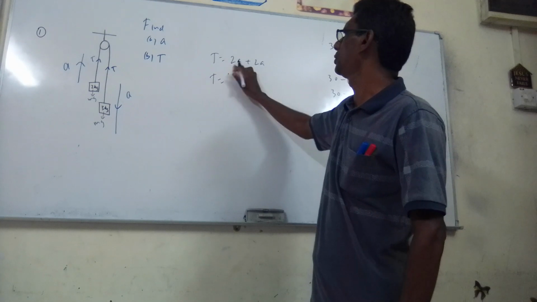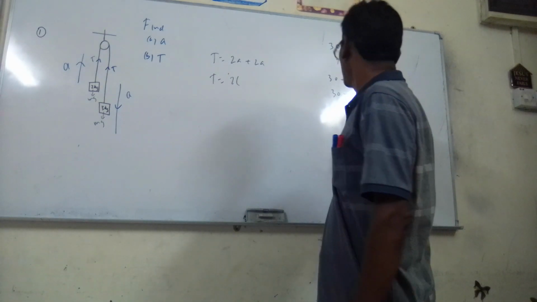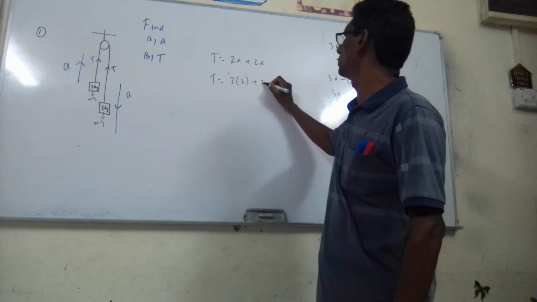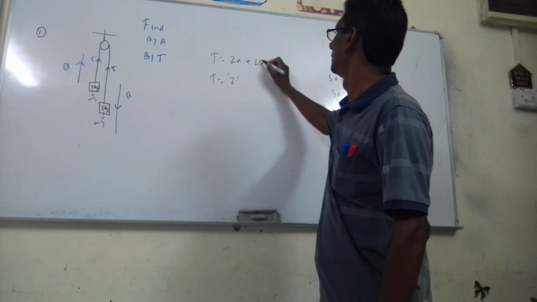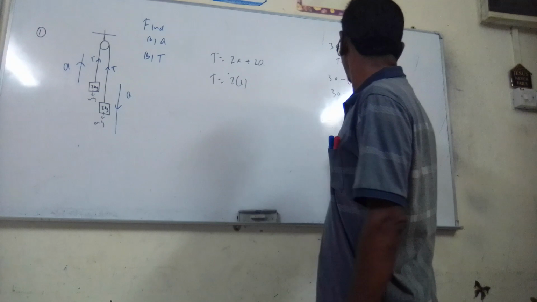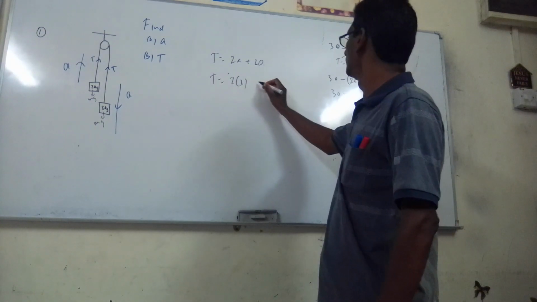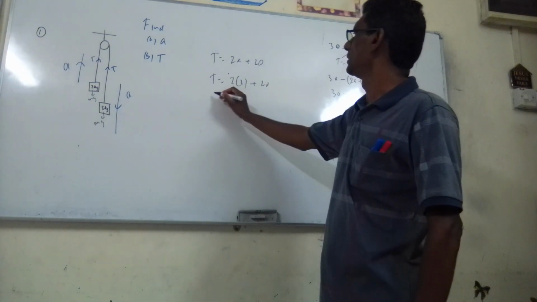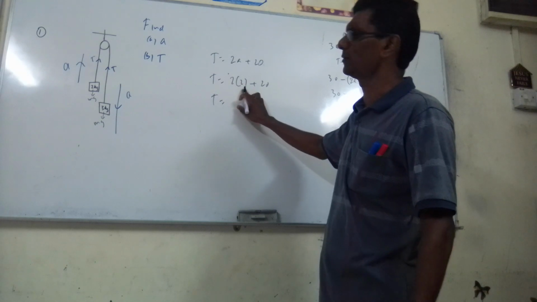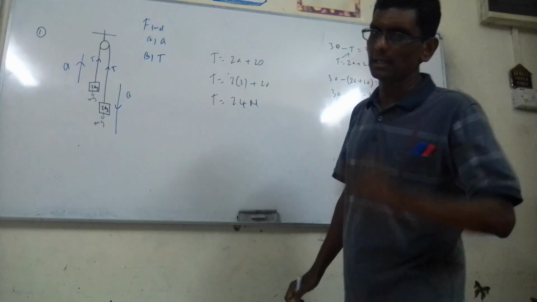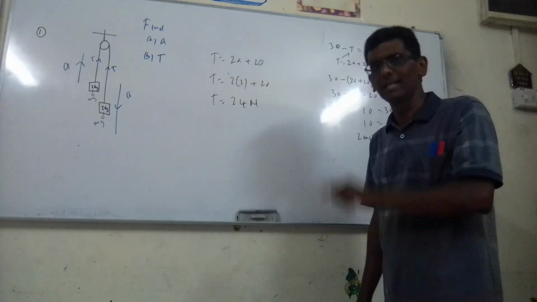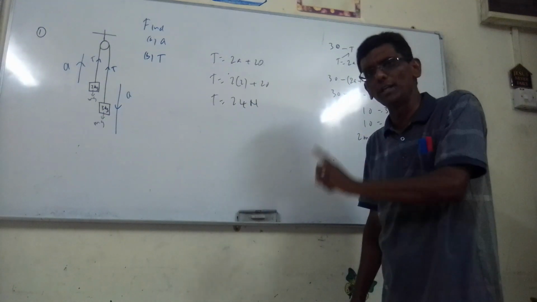With a equal to 2, T equals 2 times 2, which is 4, plus 20, so 24 Newton. Tension is a force, so 24 Newton.